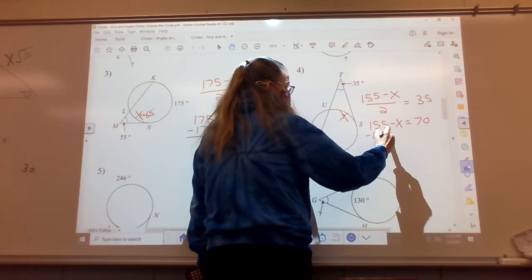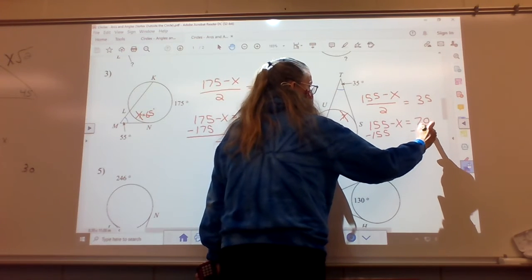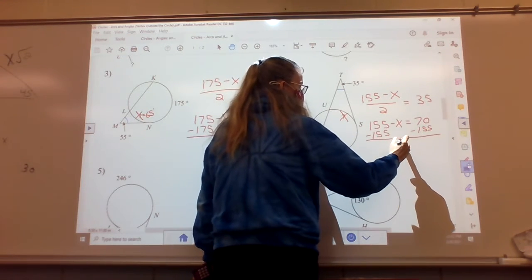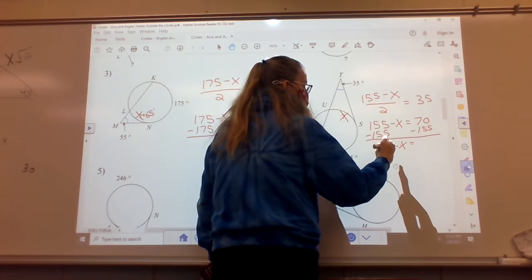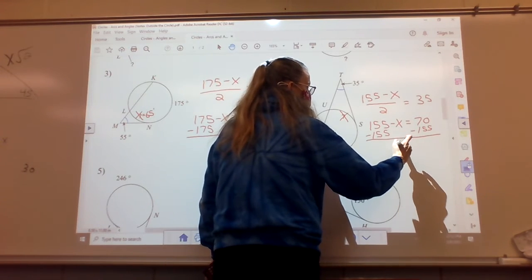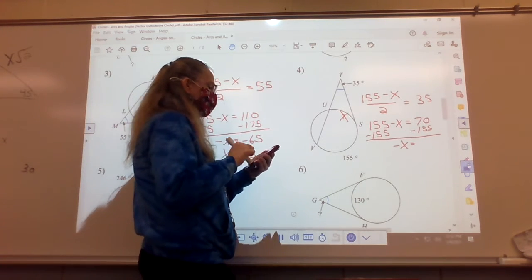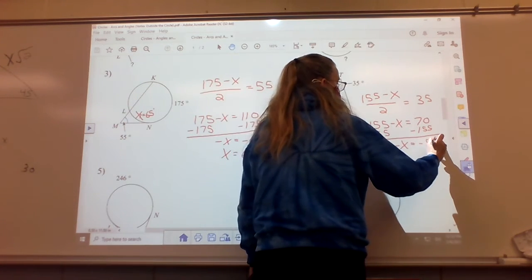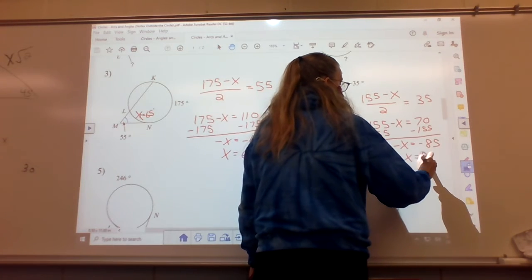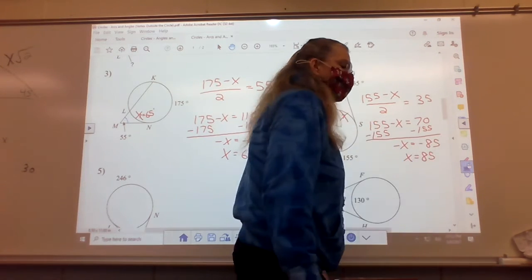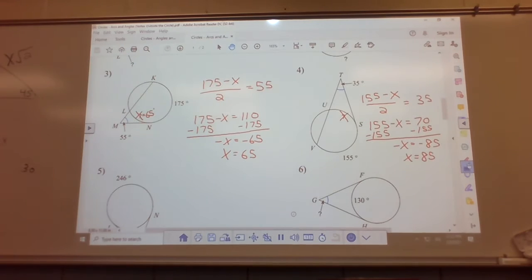So negative x equals 70 subtract 155, negative 85. So x equals positive 85. That's your setup. So just be really careful anytime that the x is on that small arc. Just be really careful of those signs.